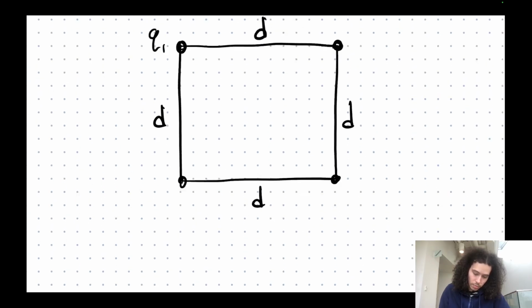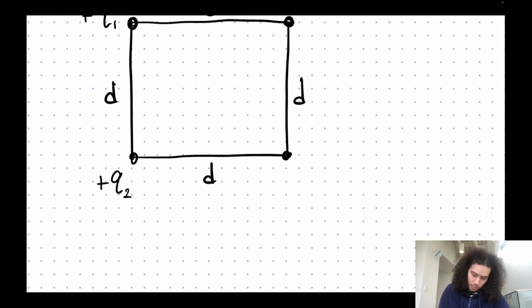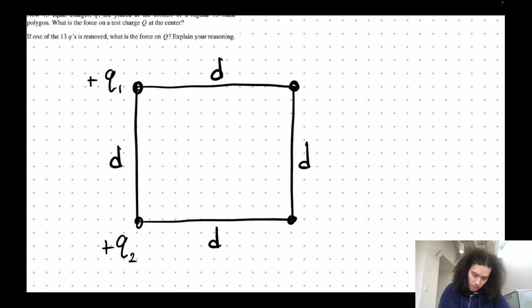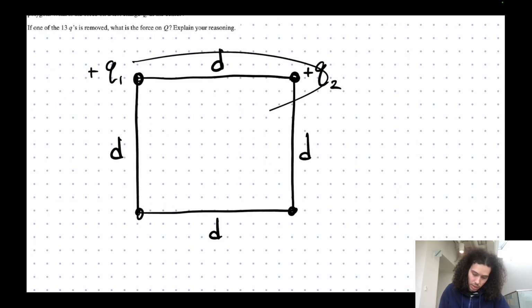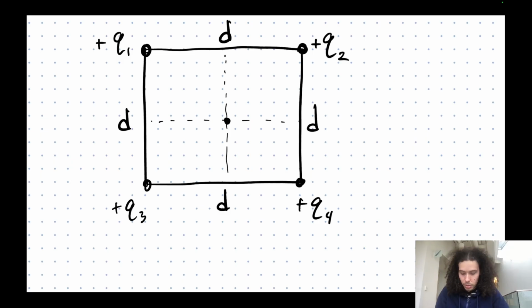We have Q1, positive. Q2, which is positive. No. Let me not do that. Let's put just Q2 over here, just because I like this logic better. Q3, Q4. And somewhere exactly along the center of this square, there's a charge that we allow to move.